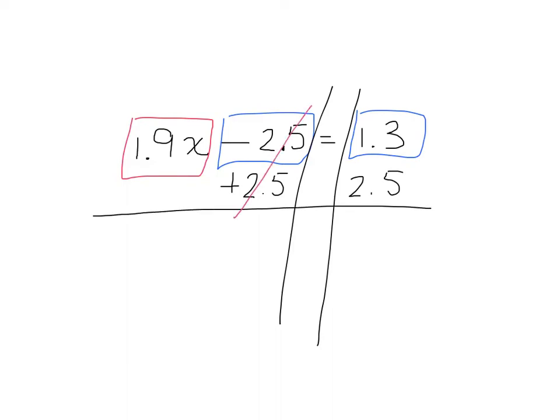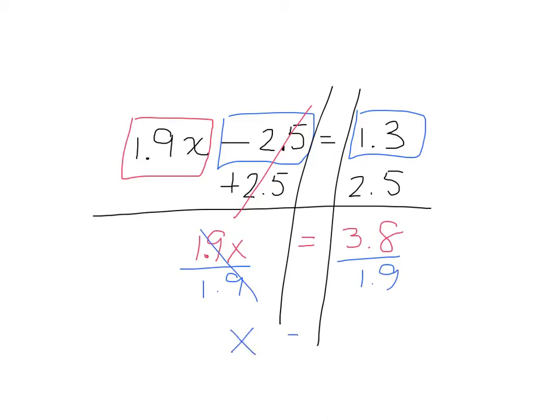These will cancel out, leaving me with just 1.9x equals 3.8. To undo x being multiplied by 1.9, I'm going to divide by 1.9 on both sides. So I'm left with x equaling 2.